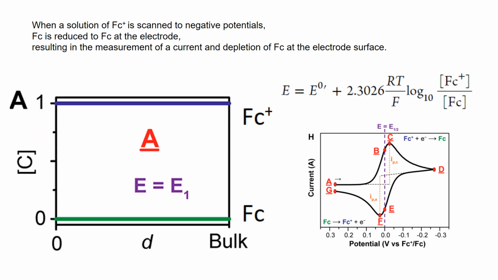Now when a solution of Fc plus is scanned to negative potential, that means our electrode in the beginning is at high positive potential. So from high positive potential we are moving towards negative potential.